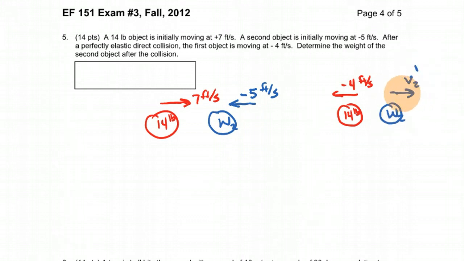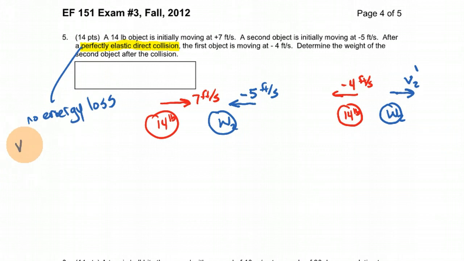So we'll need our two equations. The key here, perfectly elastic direct collision, means no energy loss. And we also had an equation that said the relative velocities before was a negative of the relative velocities after.